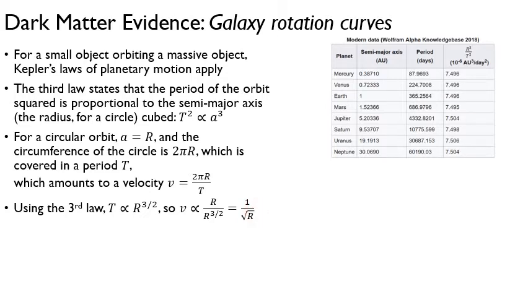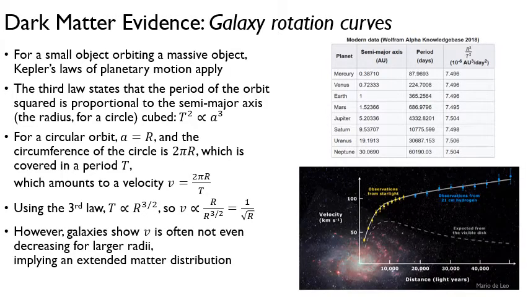So when I look at stars at different distances from the center of the galaxy, this is the kind of velocity versus radius dependency that I expect. However, when you take a look at galaxies, this isn't what you see. Here we're looking at the galaxy M33, a nearby galaxy in our Local Group, and this is a visible image.